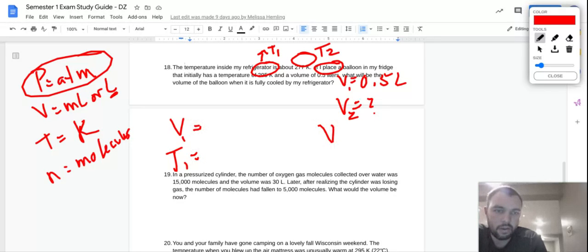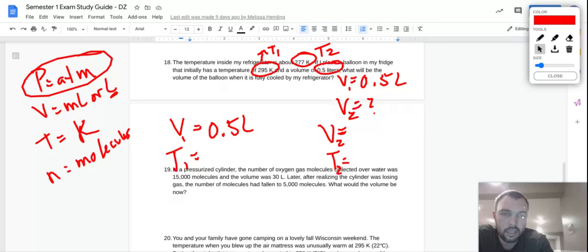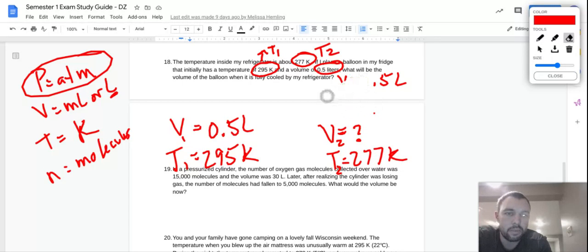V over T, these are going to be my twos. I'm just going to copy the information down. So this is 0.5 liters. T1 was 295 K. V2 is my question mark. T2 is the 277 K.